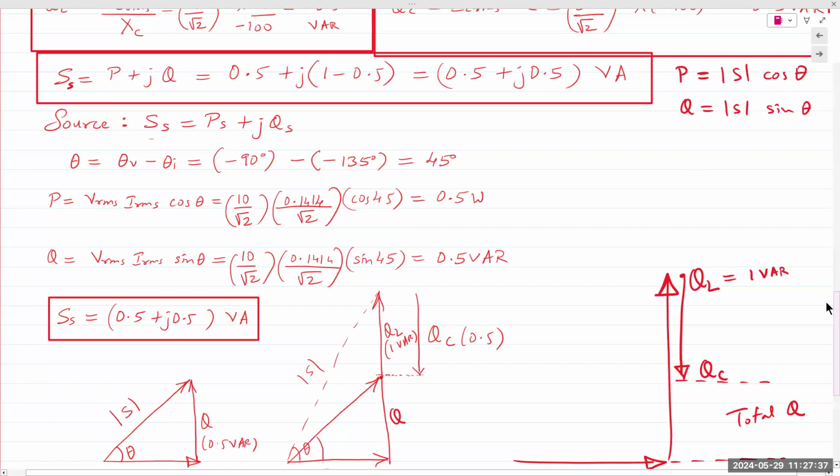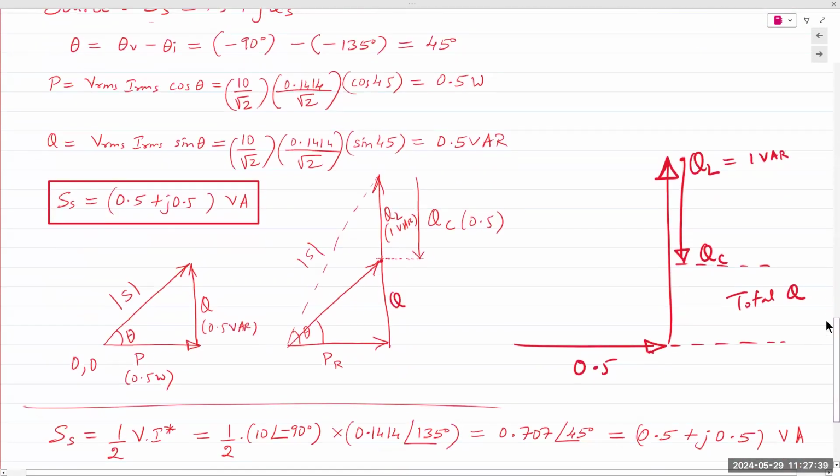So what do these mean? If you were to draw the power triangle, P is on the x-axis and Q is on the y-axis.